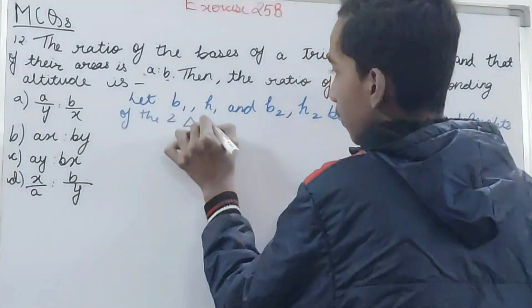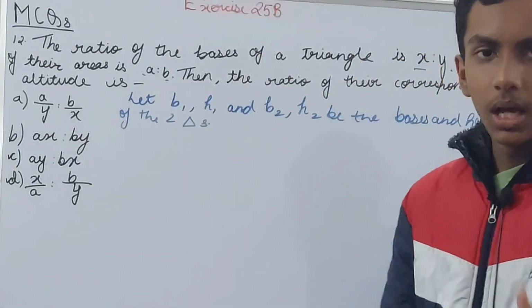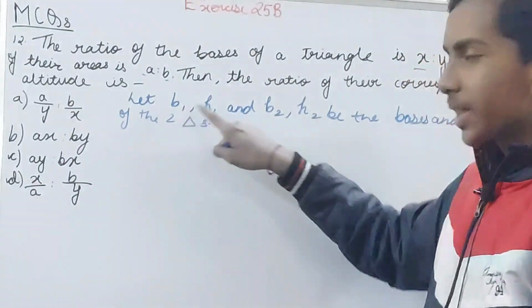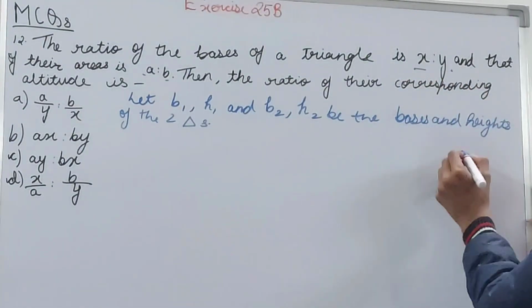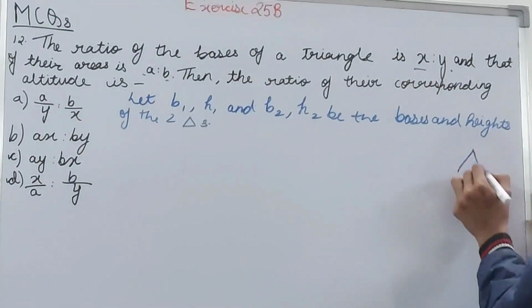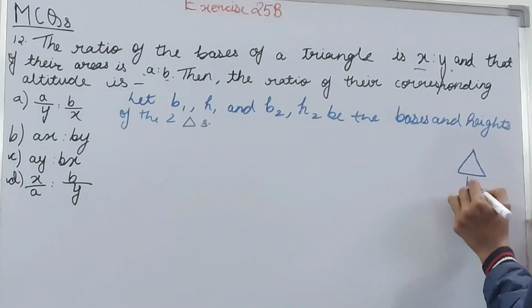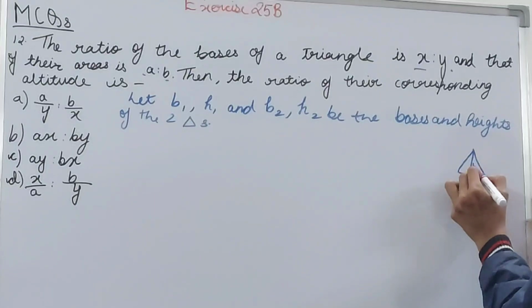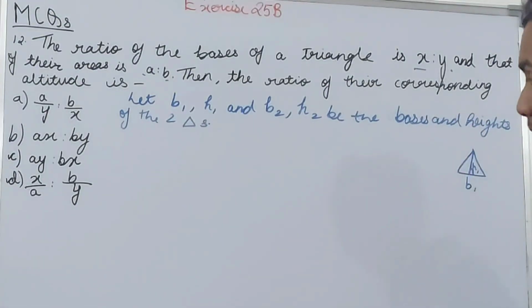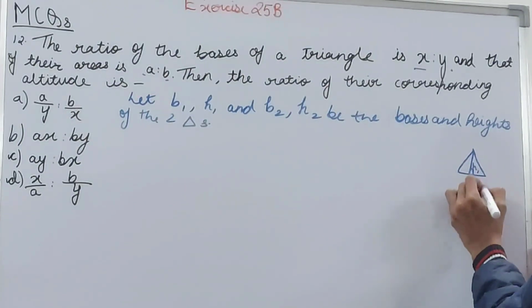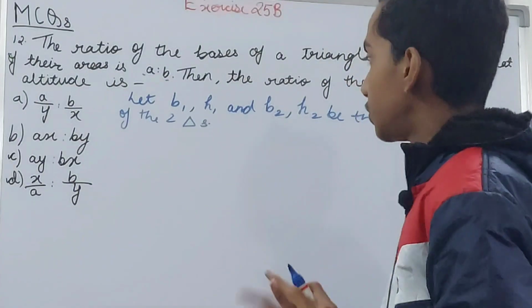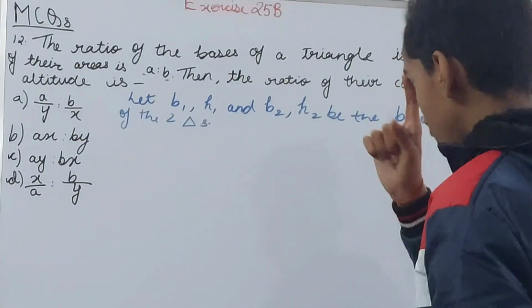For the first triangle I will take b1, h1. See, this is the first triangle. So this is my b1 and this height is my h1, something like this. Now the second triangle, b2 and h2 we have assumed. So in the second one this will become 2 and this will become 2. That's the only difference. So this much is what we have to do first, that is to assume this.